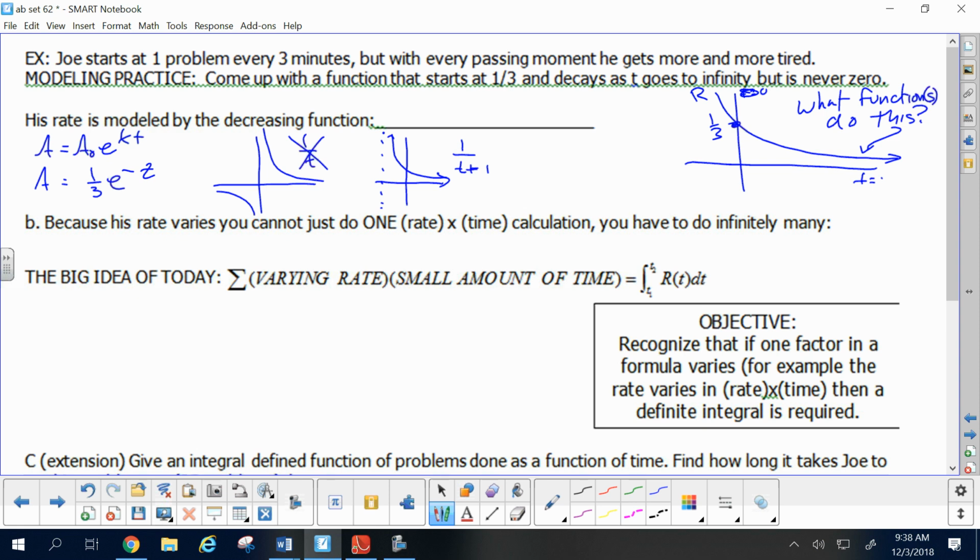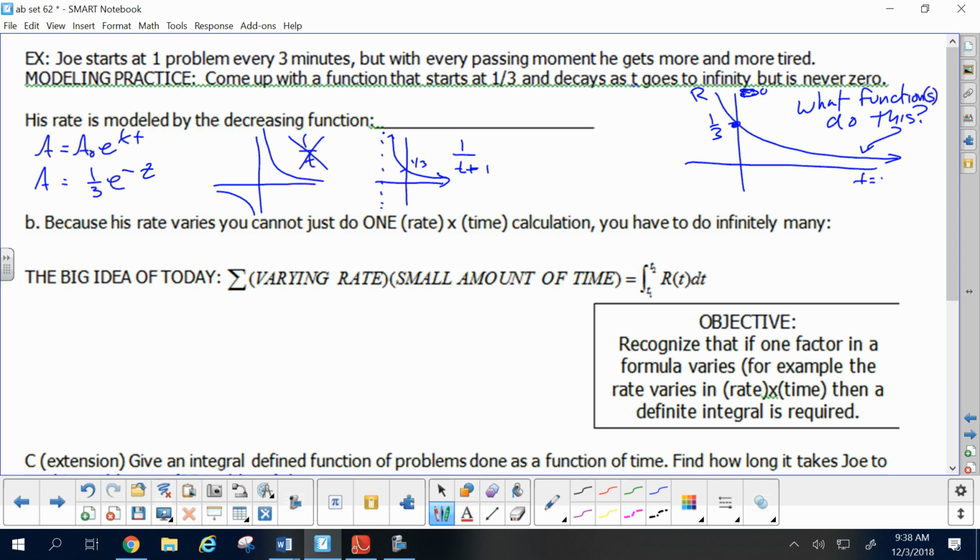Do you agree that that would be fine at 0, fine at 1, but would have a vertical asymptote at negative 1? Now it doesn't have the thing where at the axis it's 1/3. How would I cause that to happen?